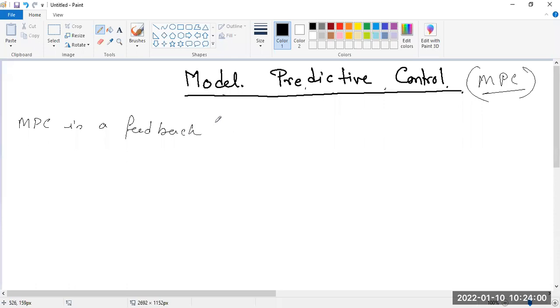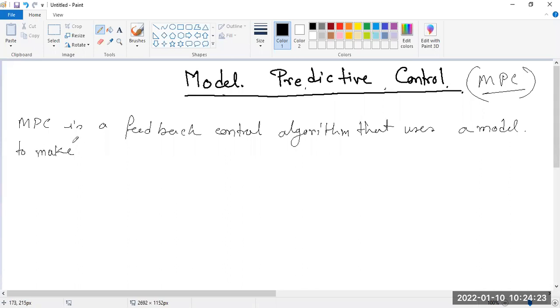It is a feedback control algorithm that uses a model to make predictions about the future of the process.